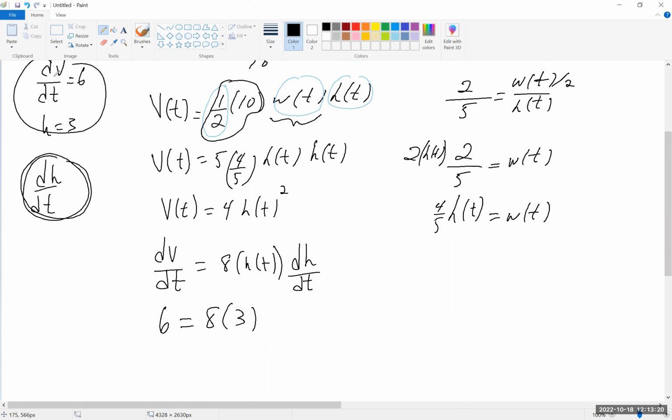We're getting those from here. dh/dt, and therefore dh/dt is equal to 6/24, which is a quarter. And that's how we do this problem.